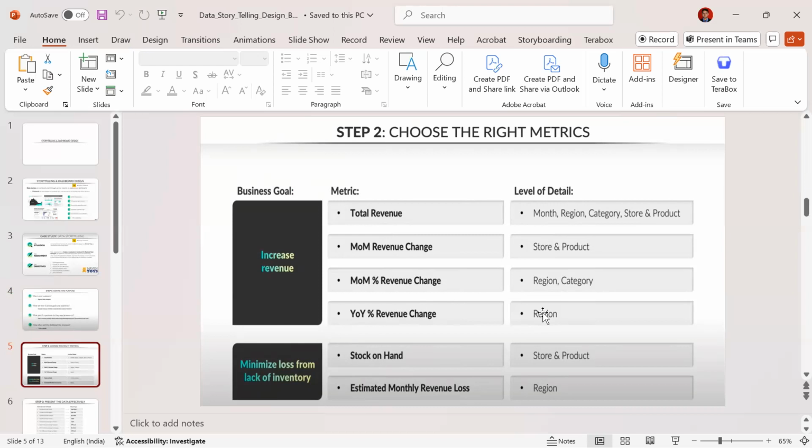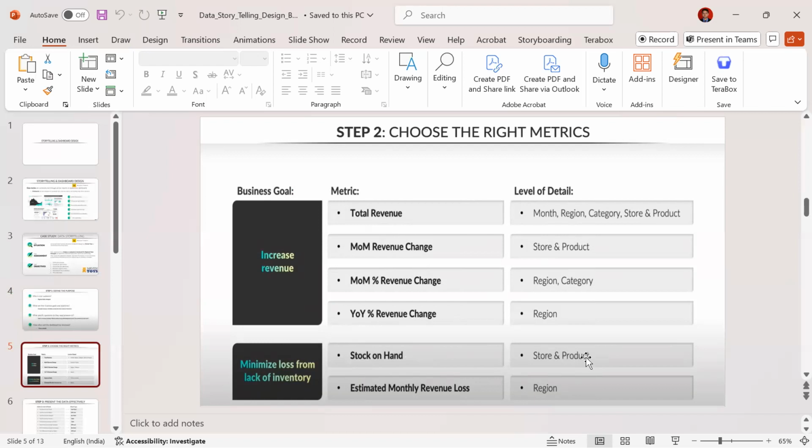How can they focus on the areas where they can increase revenue, and how to minimize the loss from the lack of inventory. This is another one. Lack of inventory means out of stock. So stock on hand, how much amount of stock is available. So I need it store wise and product wise because they deal with a chain of stores.